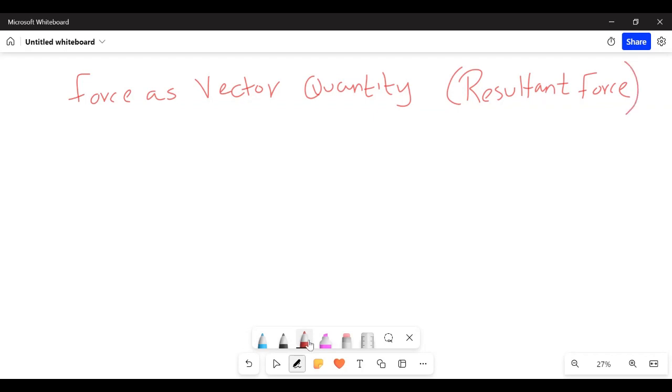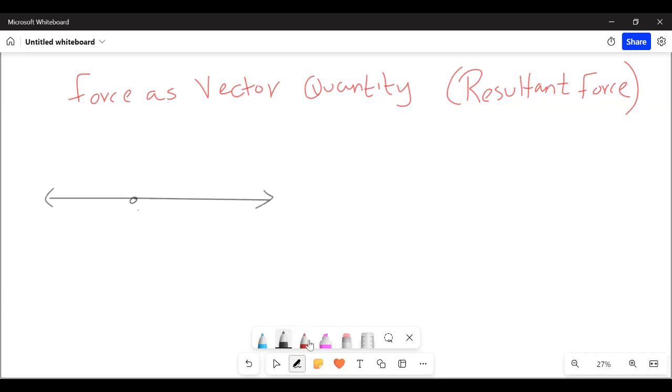Okay. So the concept of resultant force is, let's say there are a few forces acting on a point. There's a force in this direction, a force in this direction, and a force in this direction. There is going to be a resultant force from all these forces combined.